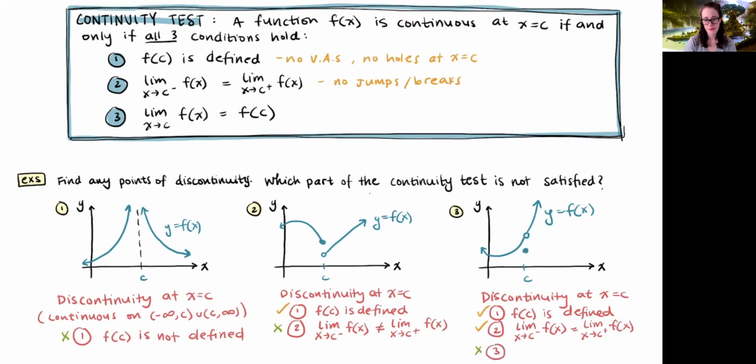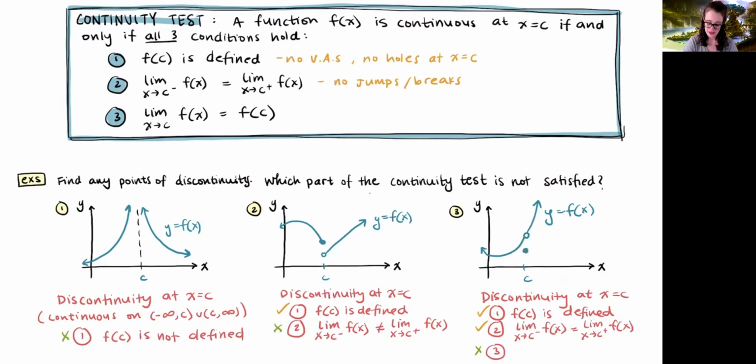As you approach C, where we're heading towards is this hole, but that's not equal to the function value, which is down here. So the limit is not the same as the function value. We would need that hole to be filled in by the point in order to have continuity. That's what part 3 means.